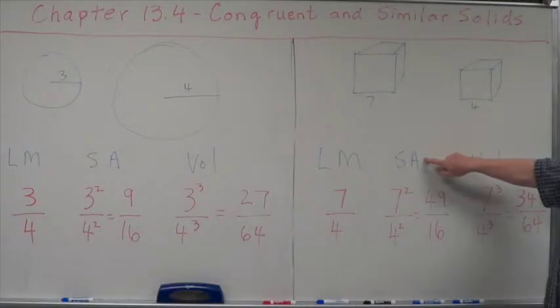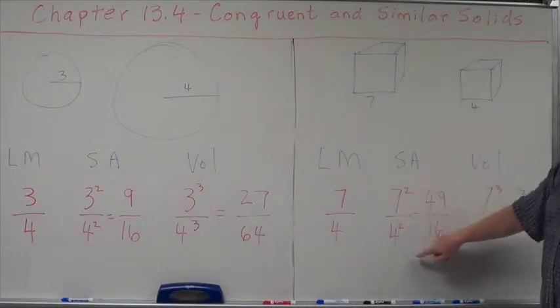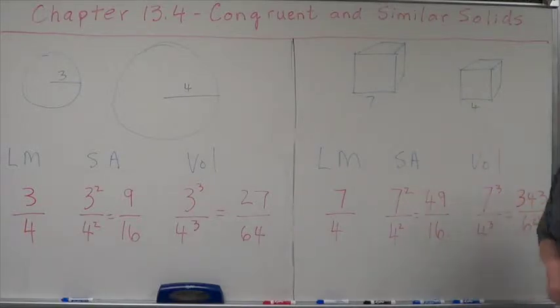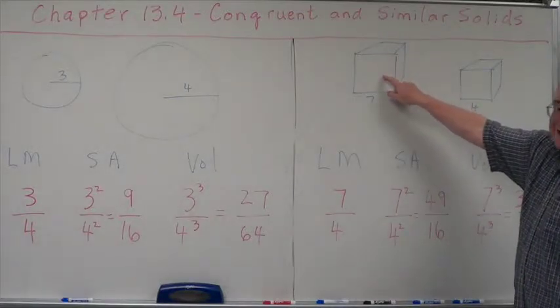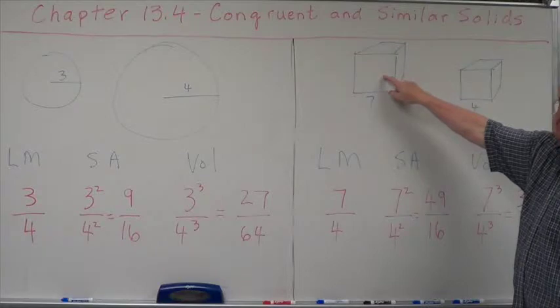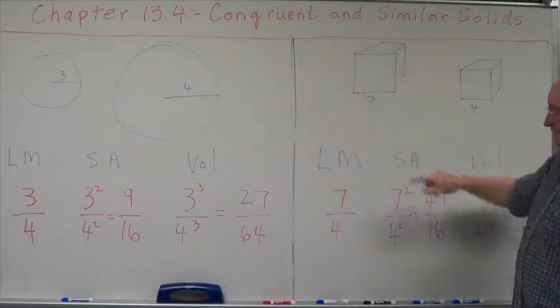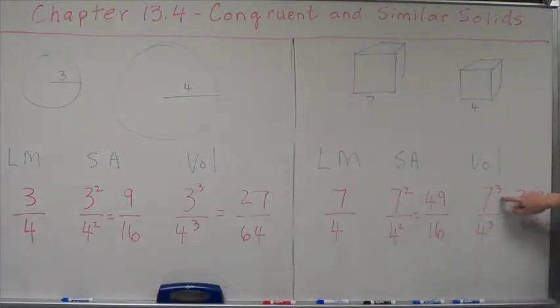Surface area: we square, 49 over 16. This one has more than 3 times the surface area of this one. Look at this cube. The linear measure to get the volume ratio: 343 to 64. Almost 5.5 times the volume.